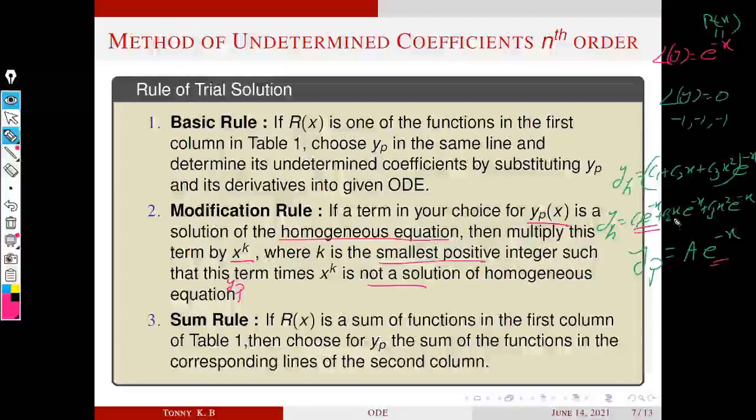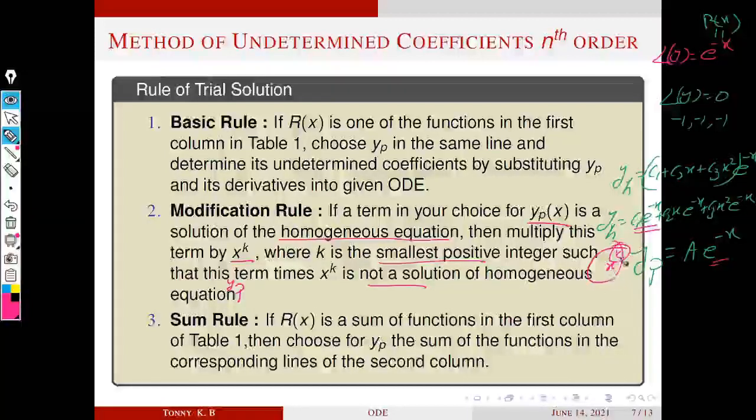If you choose c2 and c3 as 0, then we get the same yp. So our choice of yp is a solution of the homogeneous equation. Clear? Then we multiply this term by x raised to k. That means we have to multiply this yp with some x raised to k. And what is the quality of this x raised to k?